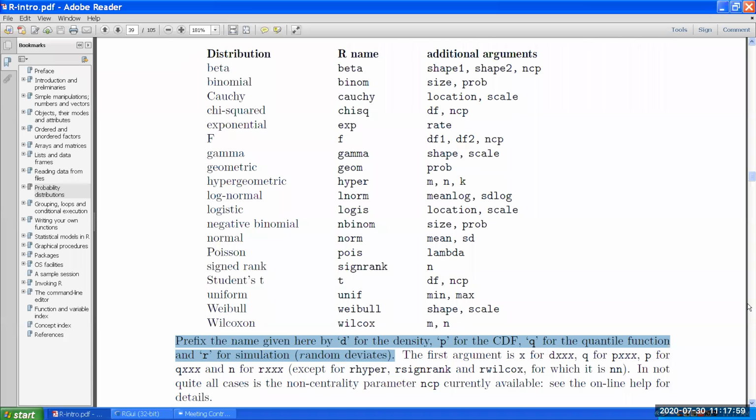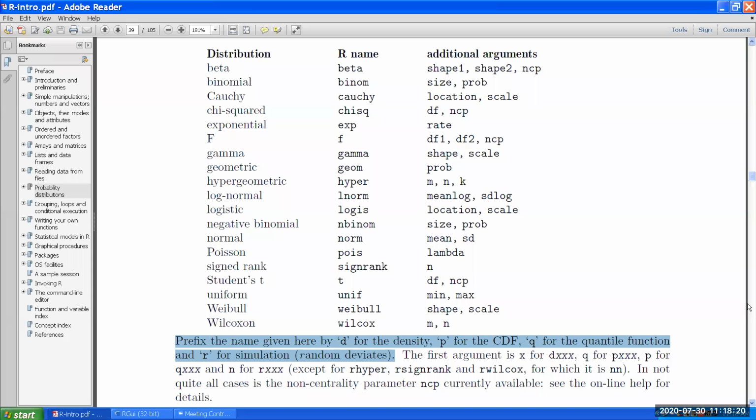So d is for finding the probability density function, that means probability values. In our notation, small d is used for finding small f of x, or small p of x.